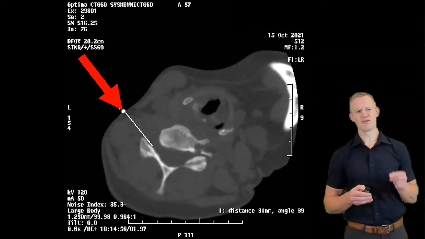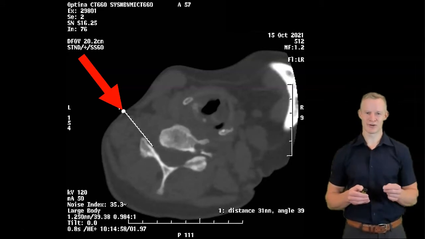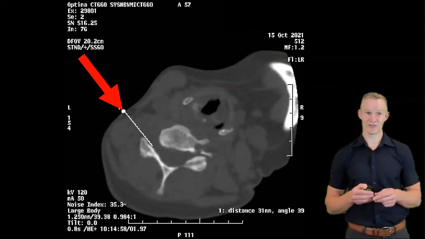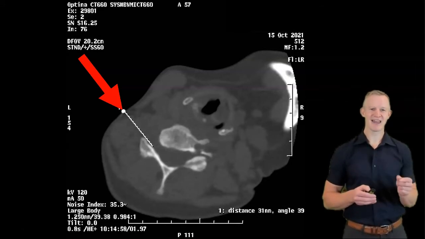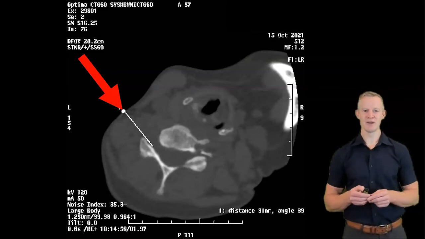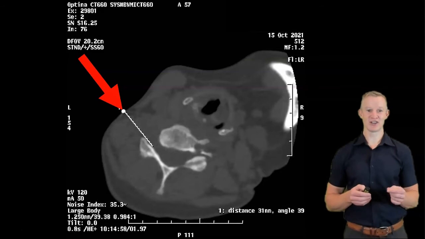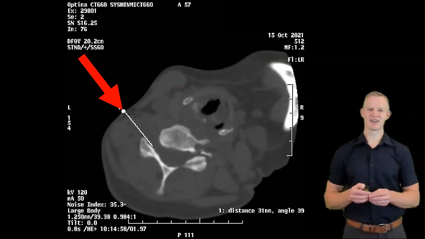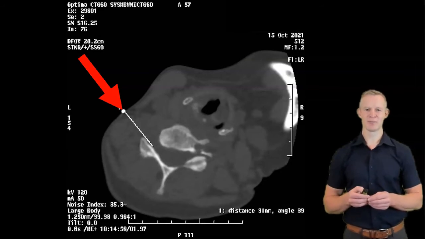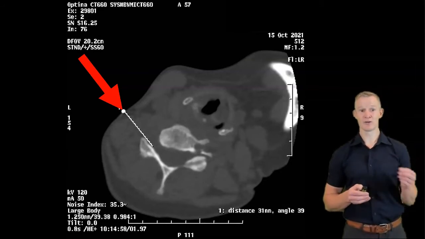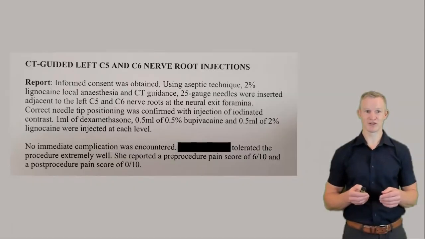A combination of local anaesthetic and corticosteroid is injected adjacent to the nerve, and if there is an immediate and profound reduction in pain due to the action of the local anaesthetic, then it suggests that the injected nerve may be responsible for the symptoms. Here you can see the needle of a CT-guided cervical nerve root injection in one of my patients.